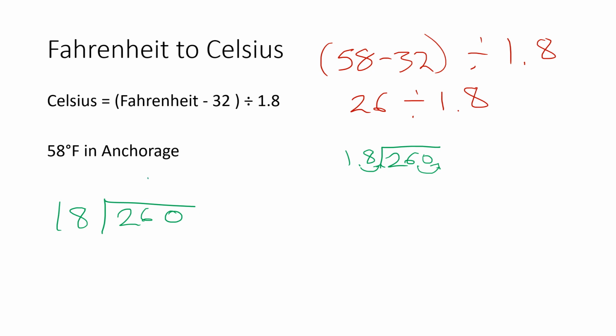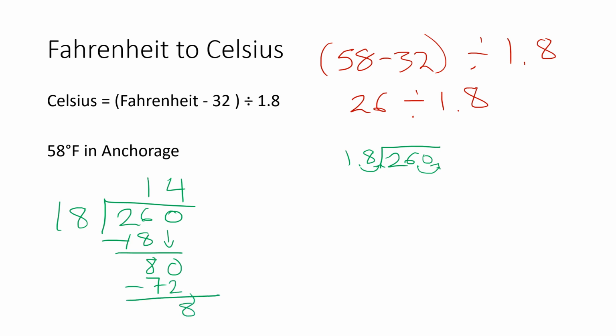18 will go into 26 once. We subtract and we should get 8. Bring down our 0. And then 80 divided by 18. 18 will go into that 4 times. 4 times 18 gives us 72. 80 minus 72 is 8.